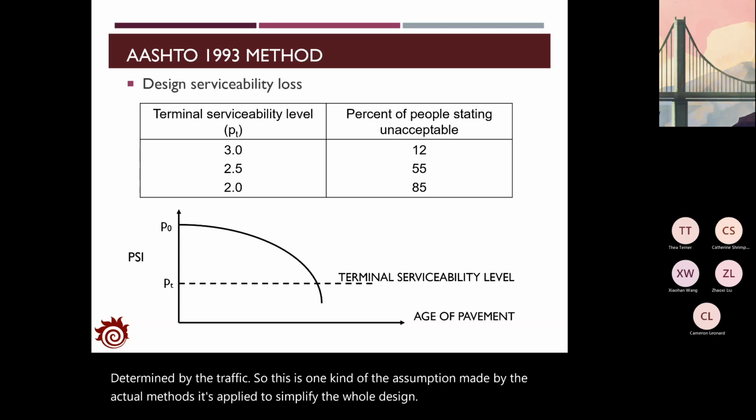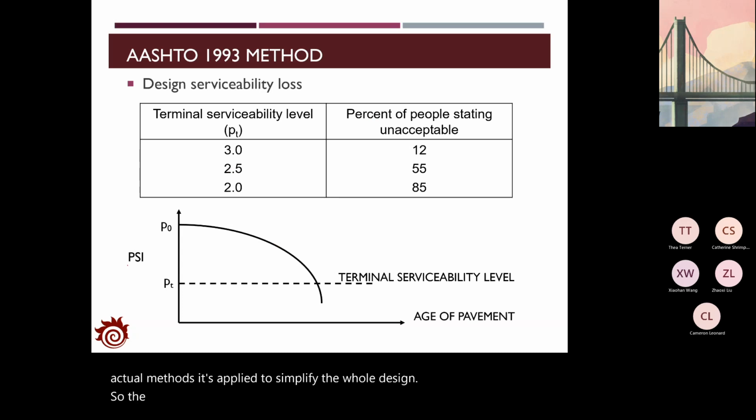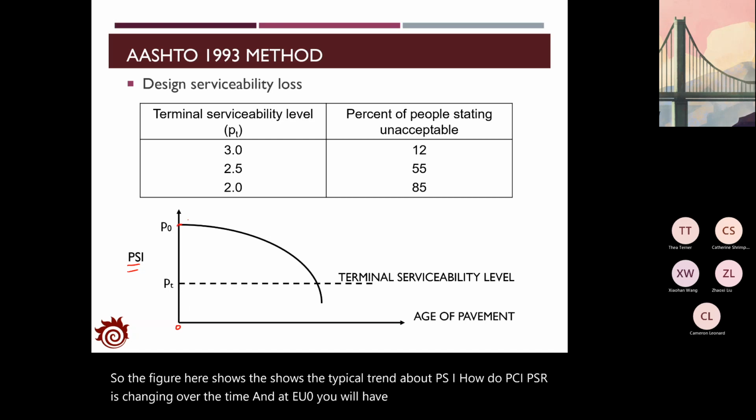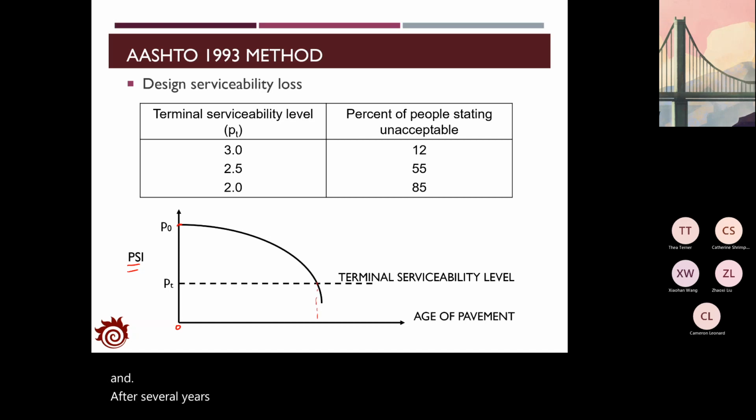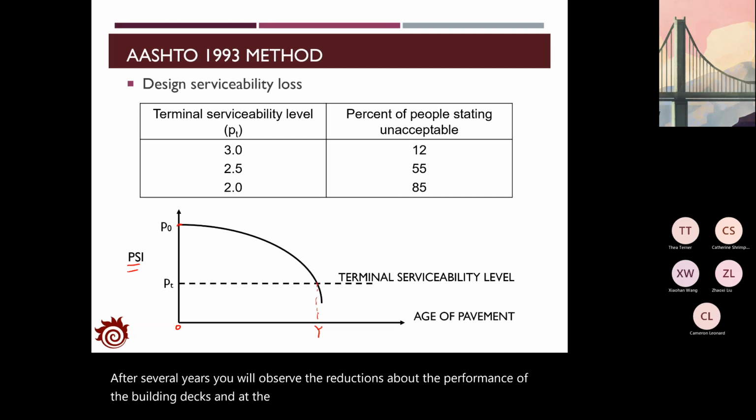So the figure here shows the typical trend of how the PSI is changing over time. At year 0, you will have the initial PSI, P0, and after several years, you will observe the reduction of the performance serviceability index, and at the design period, it will reach PT, which would be the terminal serviceability index.